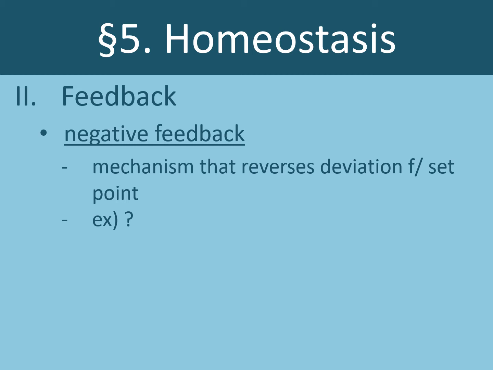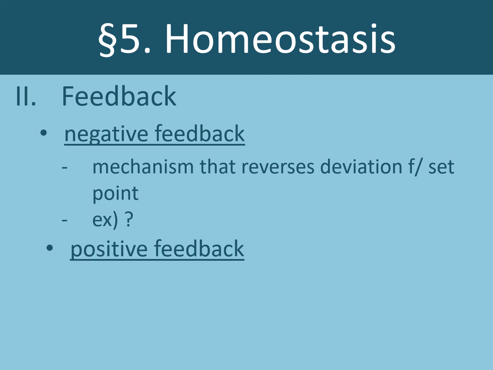Maybe you're running, maybe you're in a room that's really hot, and your body temperature begins to increase above your normal set point. There are processes like sweating and blood vessel dilation that allow your body to begin to cool back down. That's negative feedback. It's pushing back against a change.